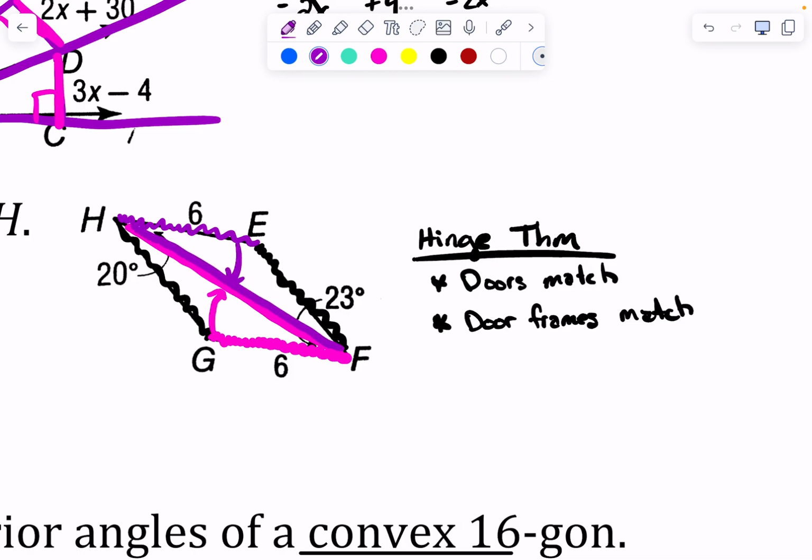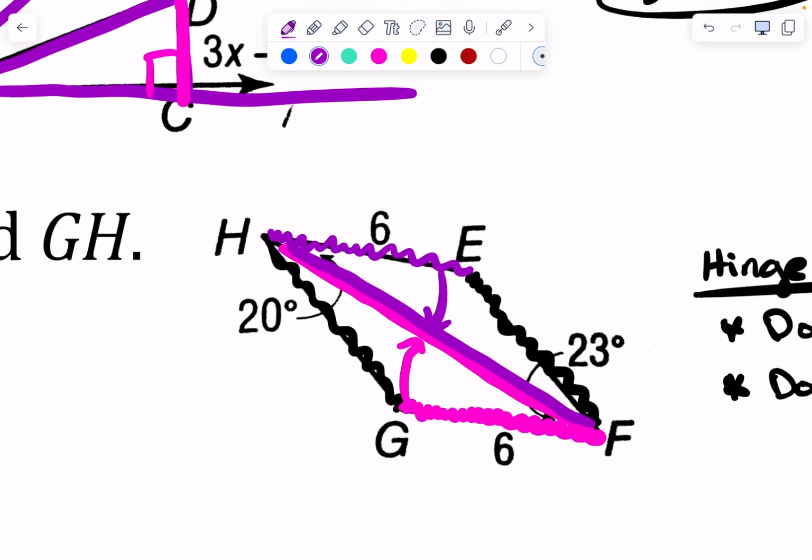So I have the same door. Do my door frames match? Yes. Okay, now the purple one is swinging open at an angle of, like, how big is that? 20, right? It's kind of confusing that they label it in the opposite. They should have put the 20 up here, whatever. Anyway, so 20 degrees is how wide he is opening. So my door is swinging open 20 degrees.